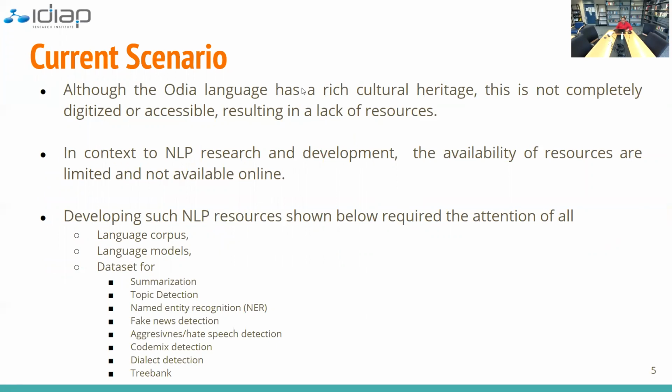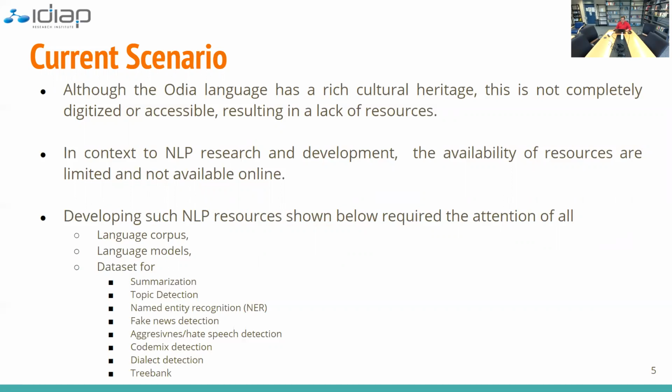And in terms of the current scenario, why is it so much required? In the context of the Odia language, everyone knows that Odia has a rich cultural heritage, but it is not completely digitized or accessible, which lacks resources.